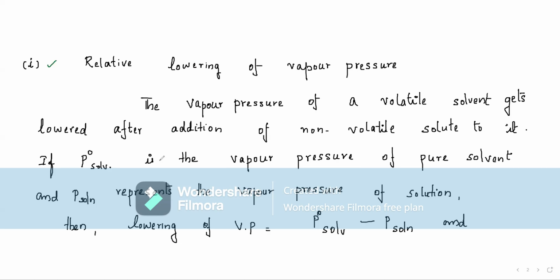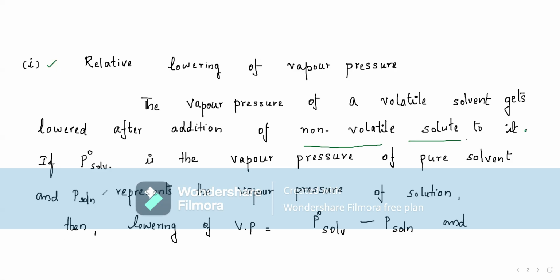First of all, the vapor pressure of a solvent gets reduced after the addition of a non-volatile solute into it. It's an experimental fact that the vapor pressure of a solvent reduces after the addition of a non-volatile solute into it.